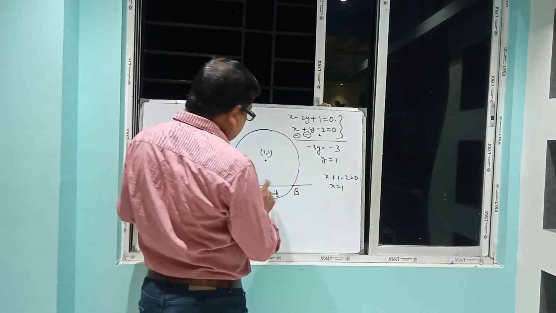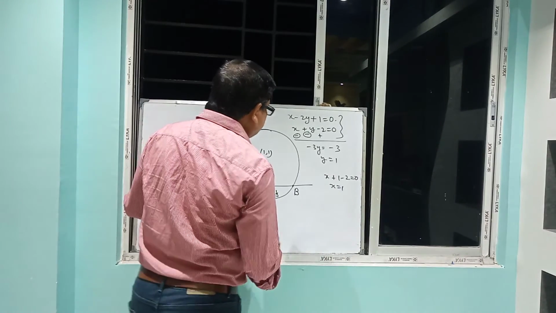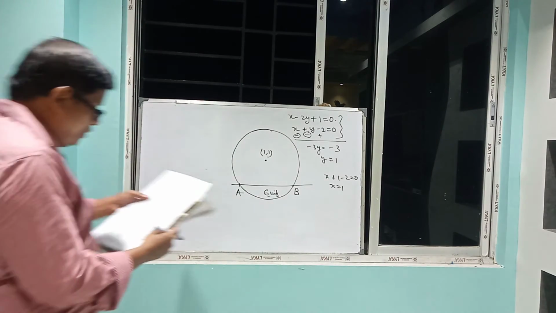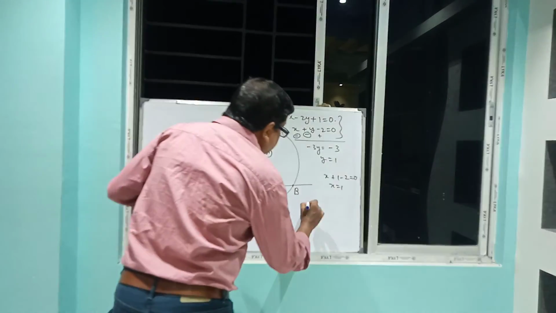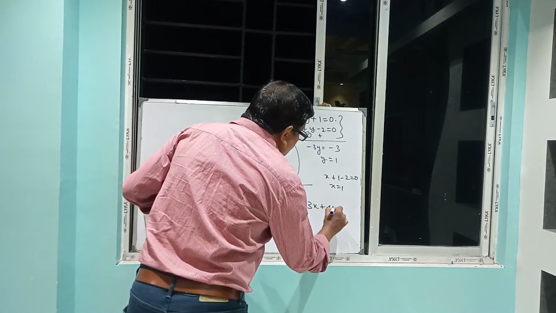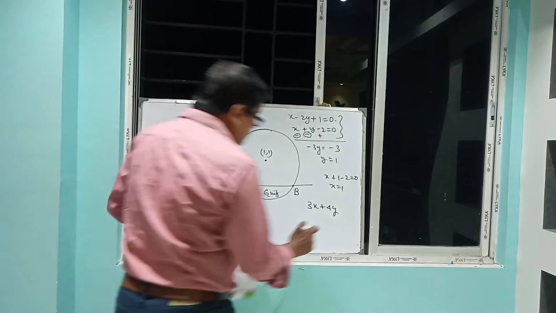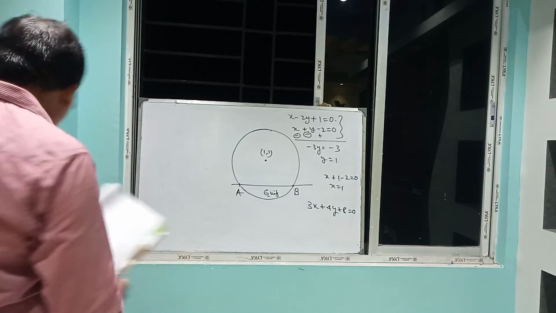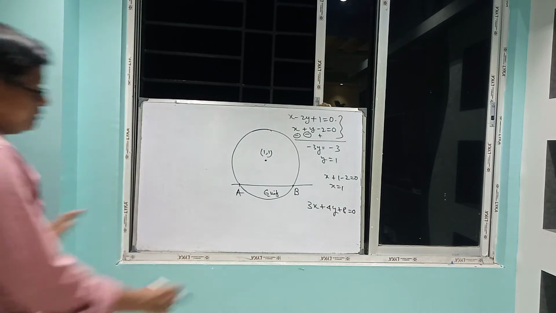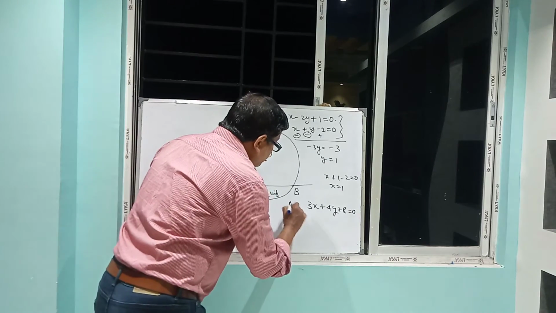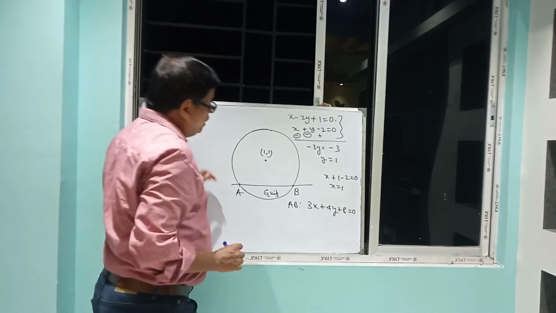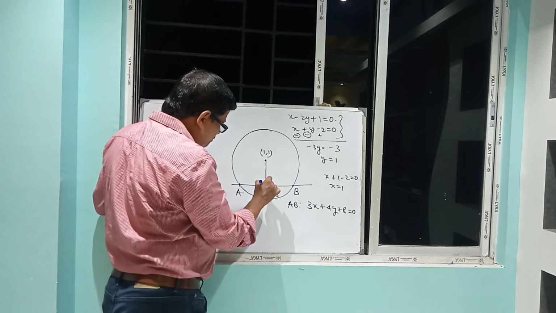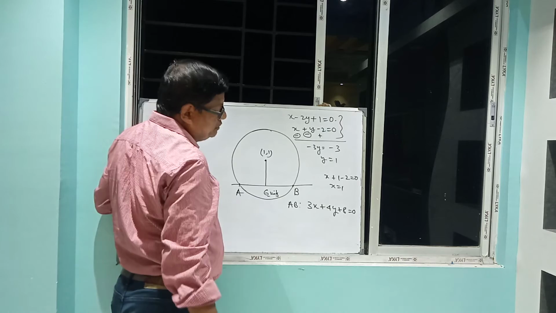The equation of chord AB is given: 3x plus 4y plus 8 equal to 0. This is given, the chord, not the tangent, keep in mind. Now from here find out the distance d.